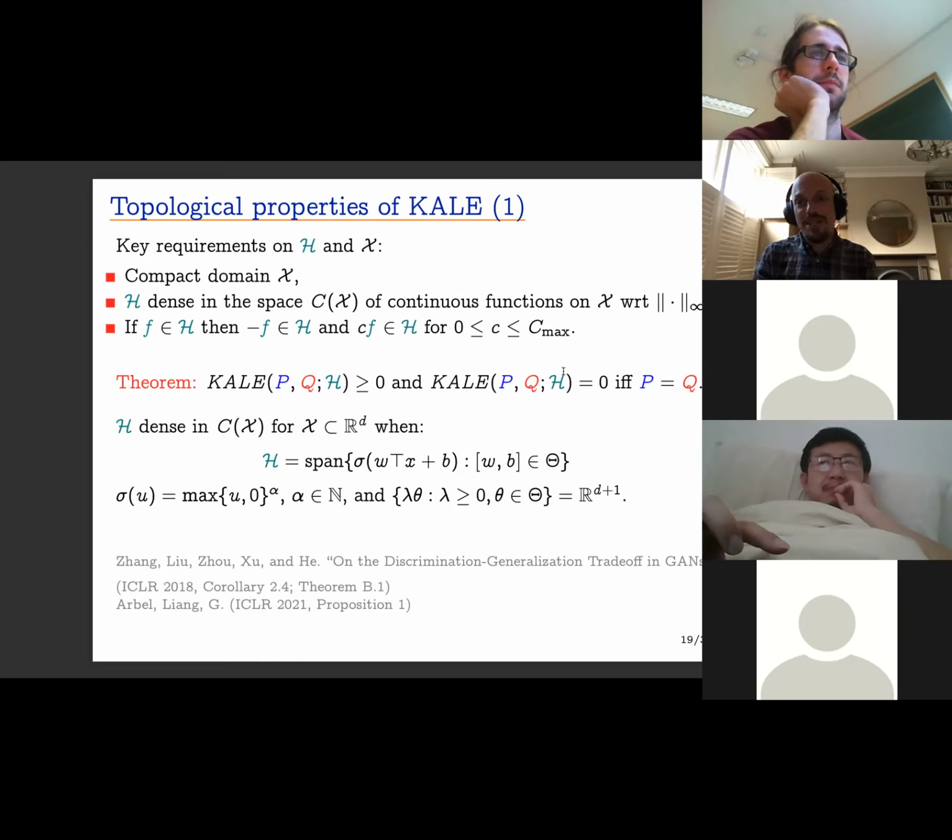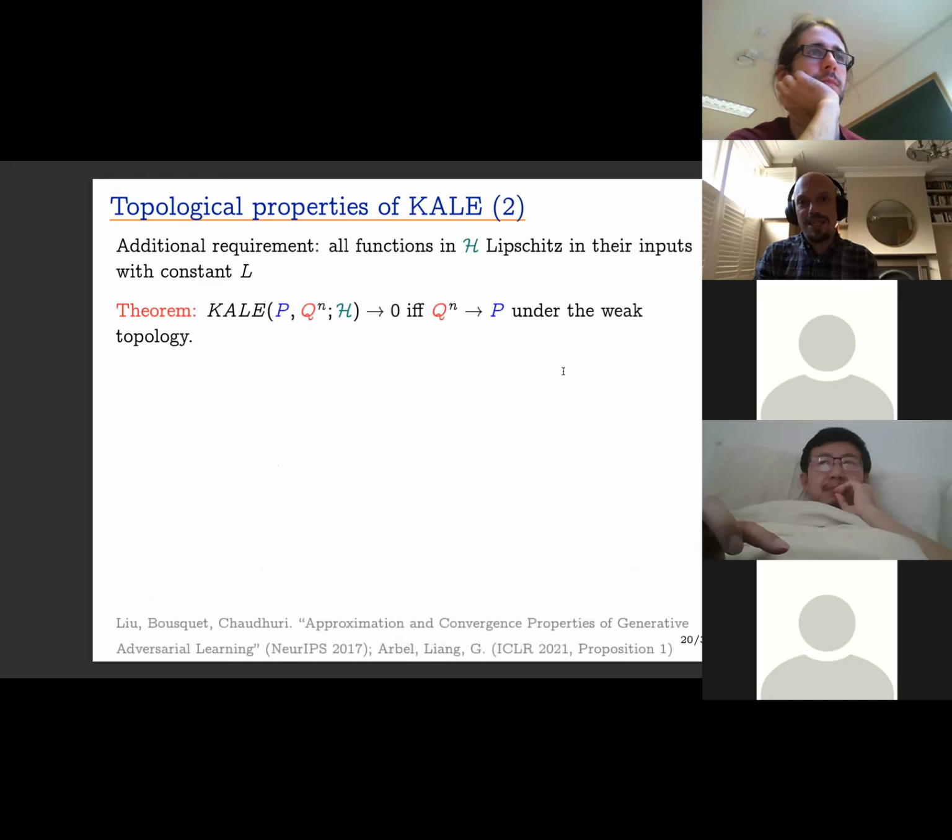Okay, so this ensures that my KL is 0 only when P and Q agree, but it doesn't give me another very important property, which is that I want my KL to metrize weak convergence. So I want that, as Q converges weakly to P, my KL goes to 0.